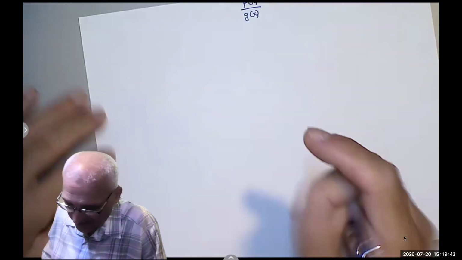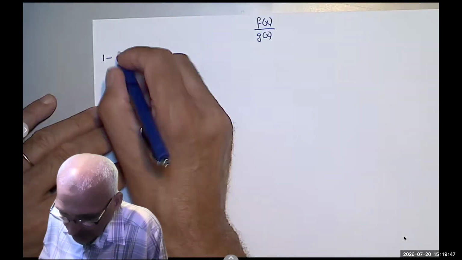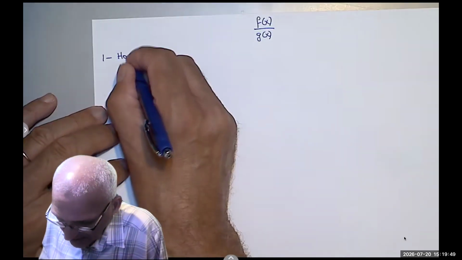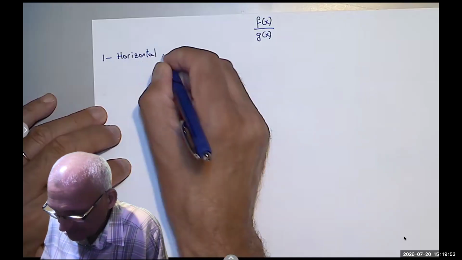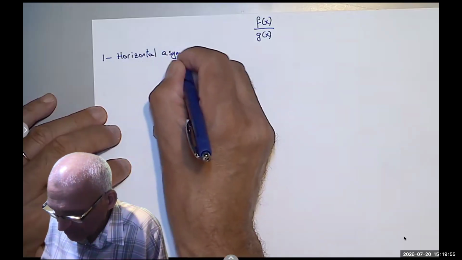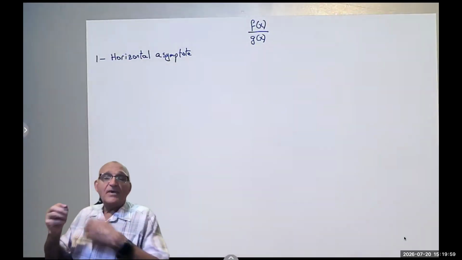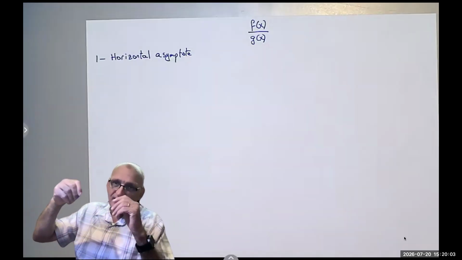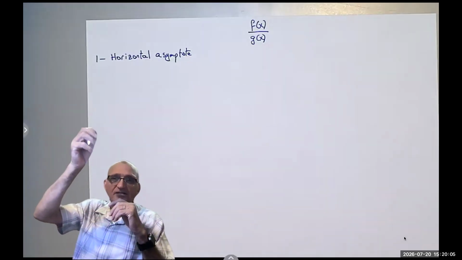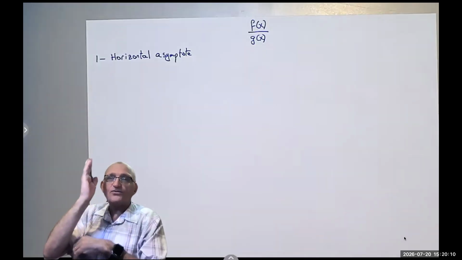One of the things we can start with is to find what we call a horizontal asymptote. An asymptote is a line that my graph would approach. We'll never cross it, but it can get very close to it. Either horizontal, slanted, or vertical.